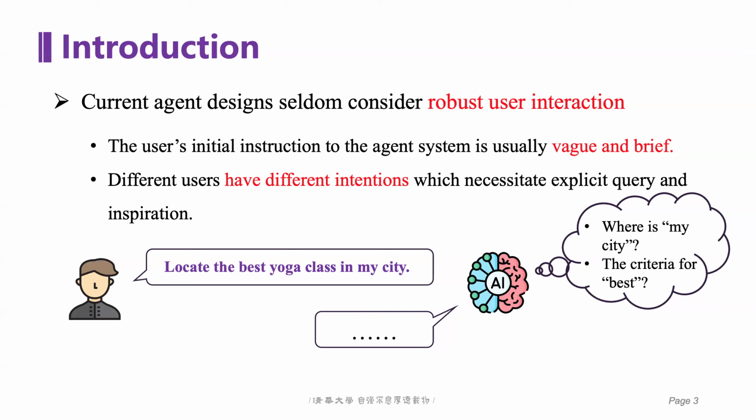To different people, best means different things, like whether it's the top-rated class or the class nearest to my home. There are many different criteria, and all of these need an explicit query to the user in order to get the answer, the user preferences and intentions, to better satisfy the user's need.